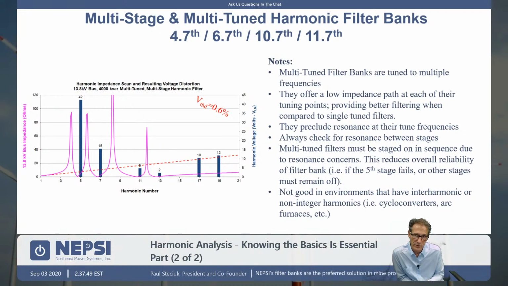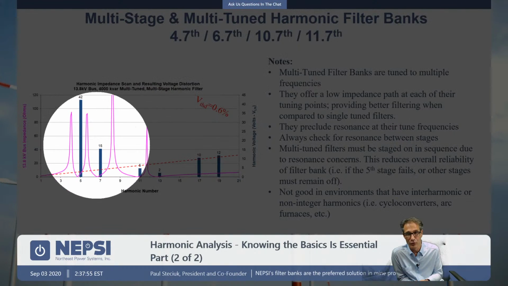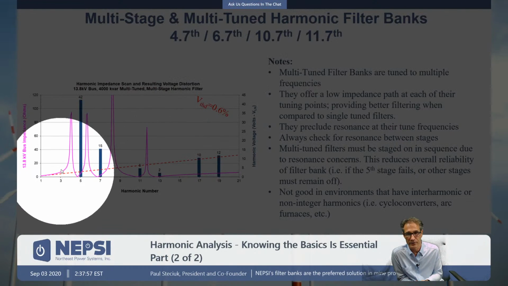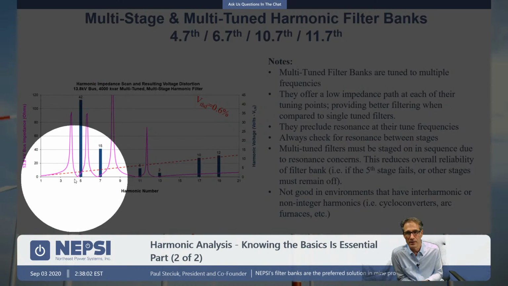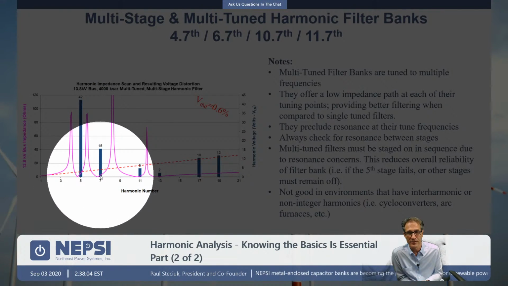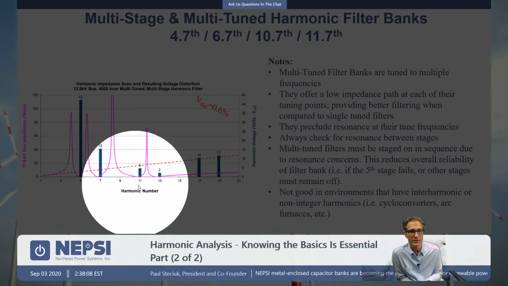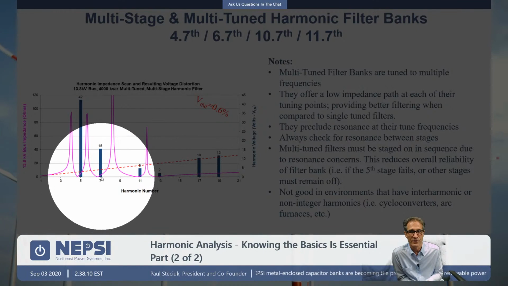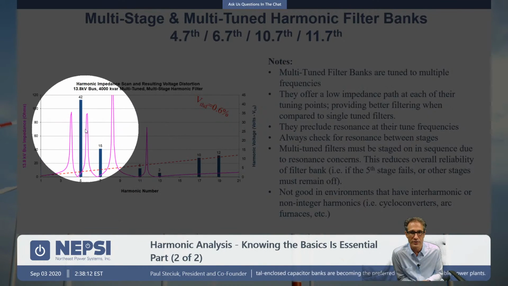The other thing that you need to worry about is if I have a multi-tune filter and say I were to lose this 5th harmonic filter here, what would happen is this 7th harmonic filter could potentially still be on, the 7th, the 11th, and the 13th, but this 7th harmonic filter is producing this resonance here.